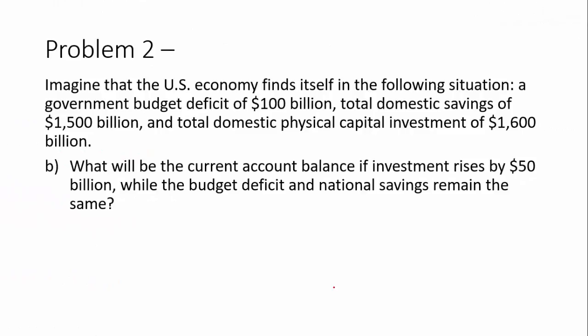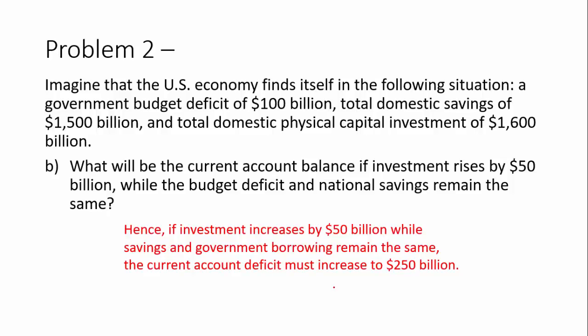The next part of this problem says, what will be the current account balance if investment rises by $50 billion while the budget deficit and the national savings remain the same? Okay, so in that case, a $50 billion increase in investment will increase the deficit to 250.